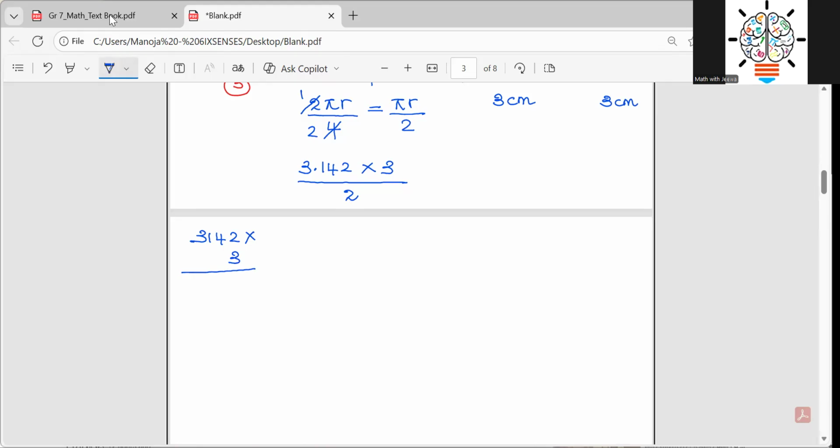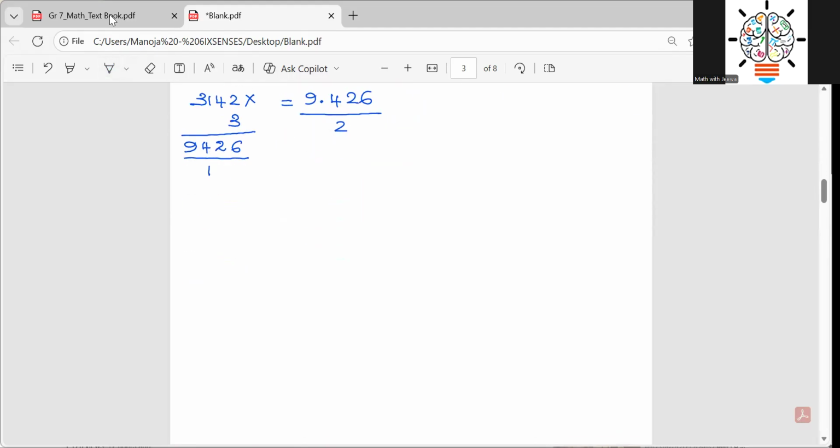So then 3 times 2, 6, 3 times 4, 12, and 3 times 1, 3 plus 1, 4, 3 times 3, 9. Okay. So then what will be the answer, children? It will be, with 3 decimal places, 9.426, and you divide this by 2.